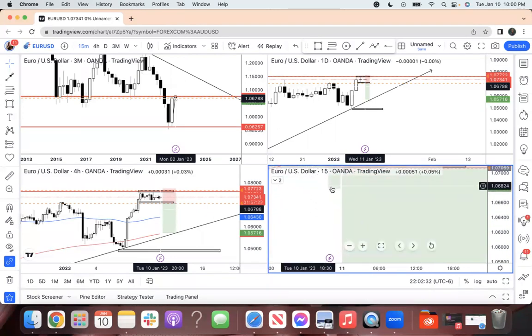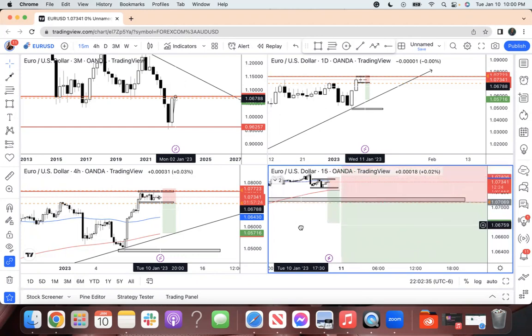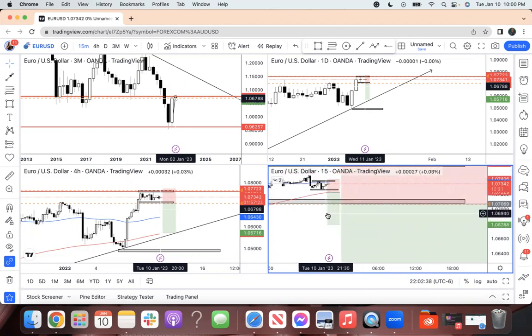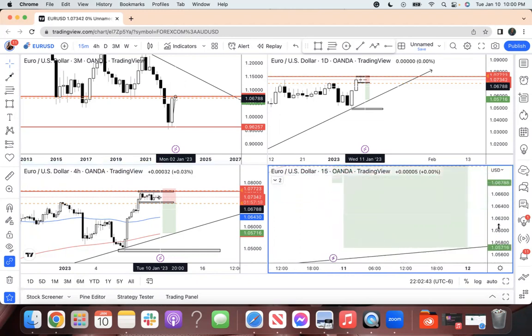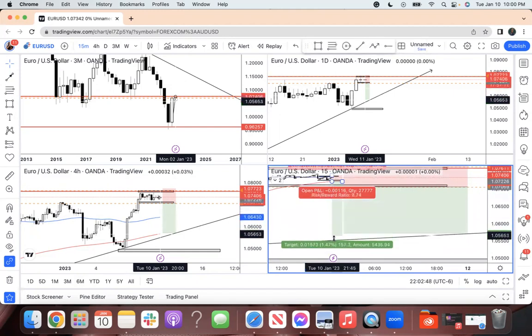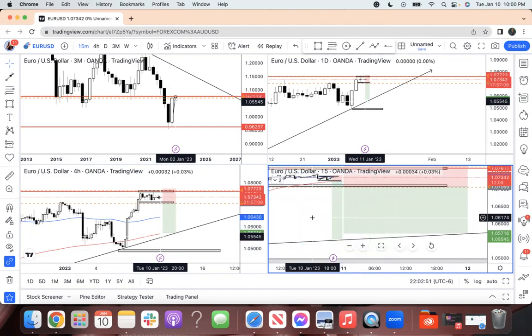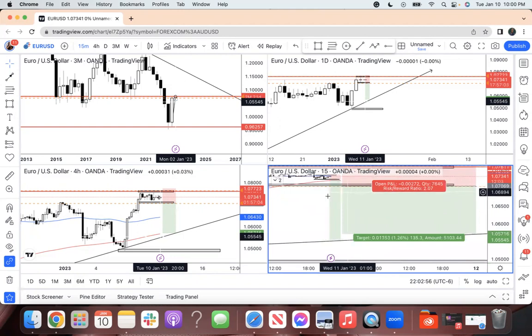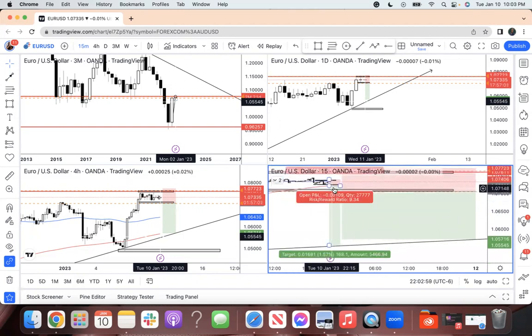As price continues down, of course, you can move your stop loss to break even. This becomes a risk-free trade, and then you can continue to target these zones that we established on the higher time frames, which now takes that trade that you were initially scalping from a 2-to-1 or 3-to-1 risk to reward to a 9-to-1 risk to reward.